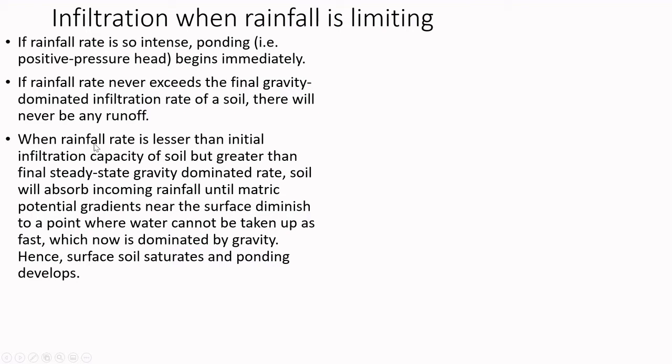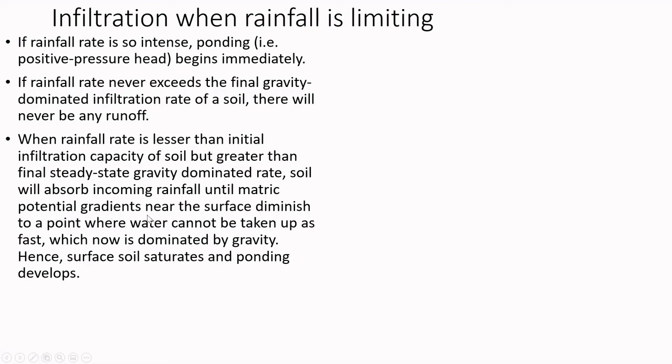Right. So when the rainfall rate is lesser than the initial infiltration capacity of the soil, but greater than the final steady state gravity dominated rate, initially all the water will enter because it will be absorbed into the soil due to metric potential as well as the gravity effect.